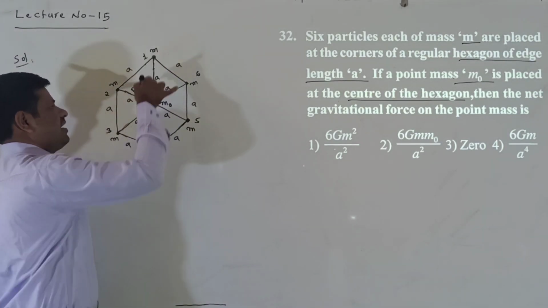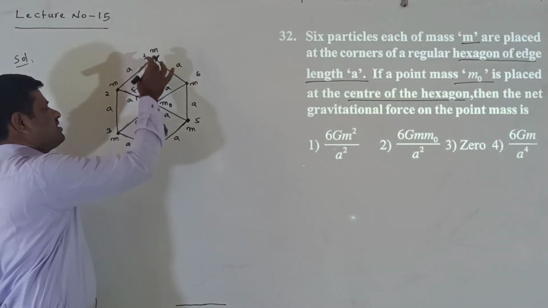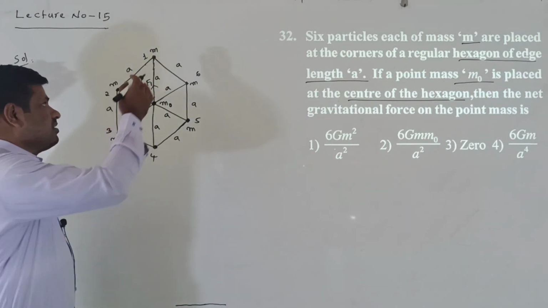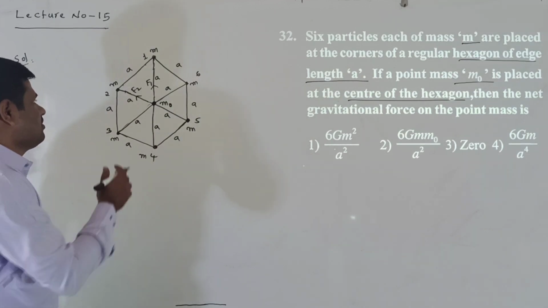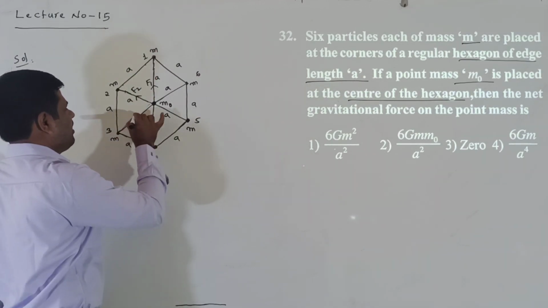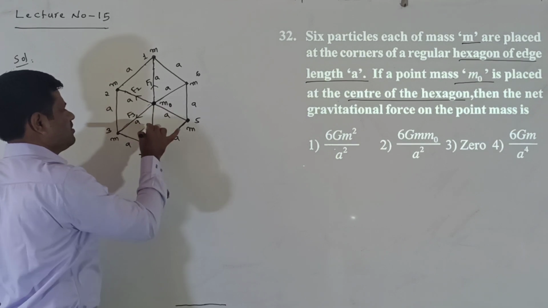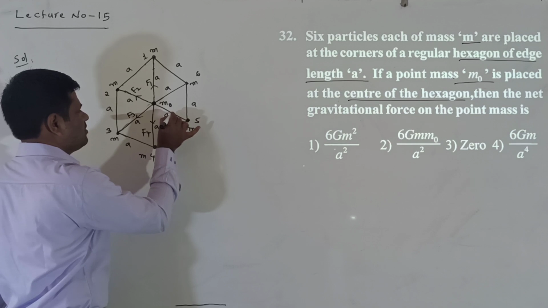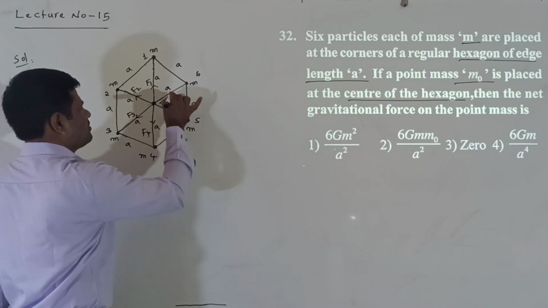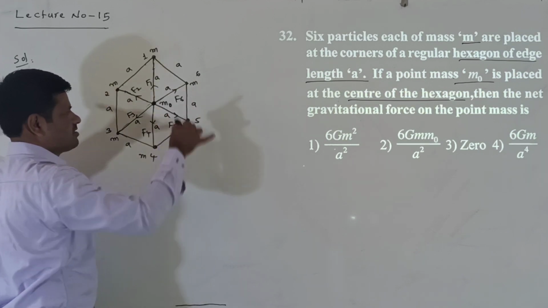Why are we taking the direction like this? Because this mass is attracting the m naught mass, pulling it, so we give the direction like this. Similarly this is F3, F4, F5, and F6.